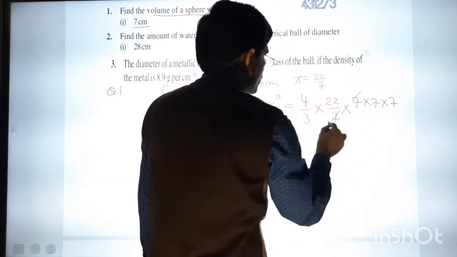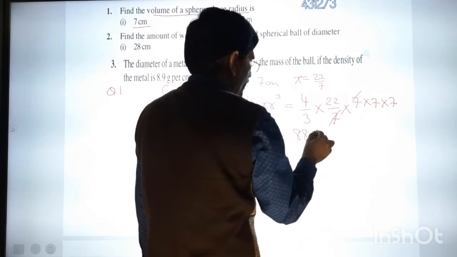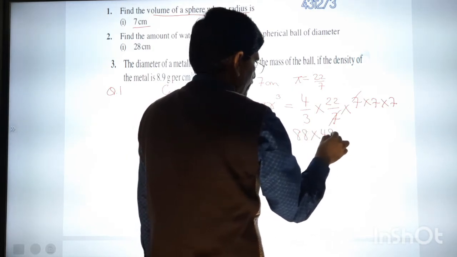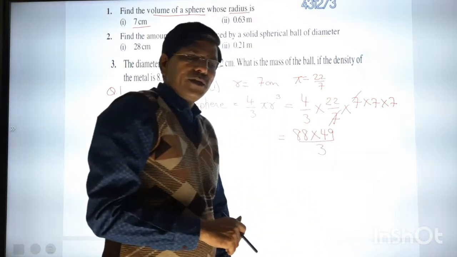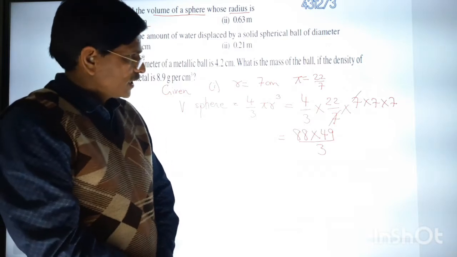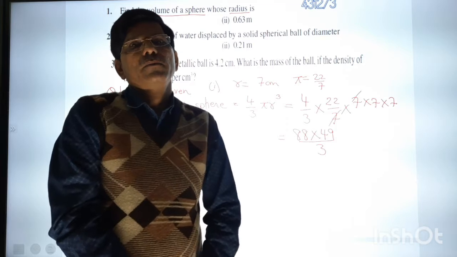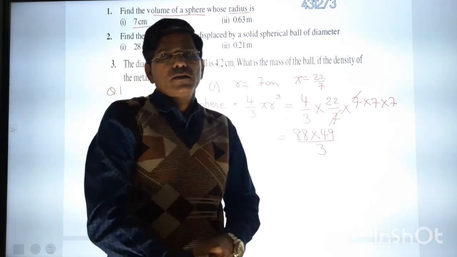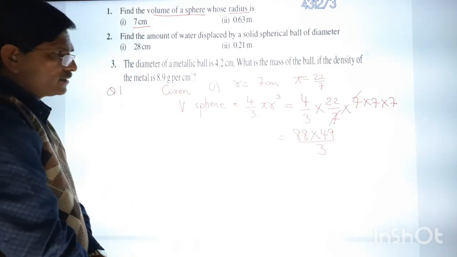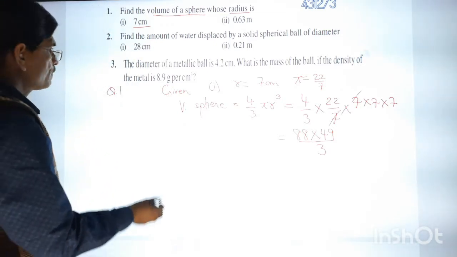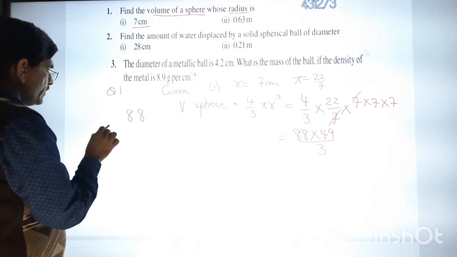Now 7 7 cut. 88 into 49 divided by 3. Now multiply. Who will give me the answer of 88 into 49? Let me try it here. 88 multiplied by 49.